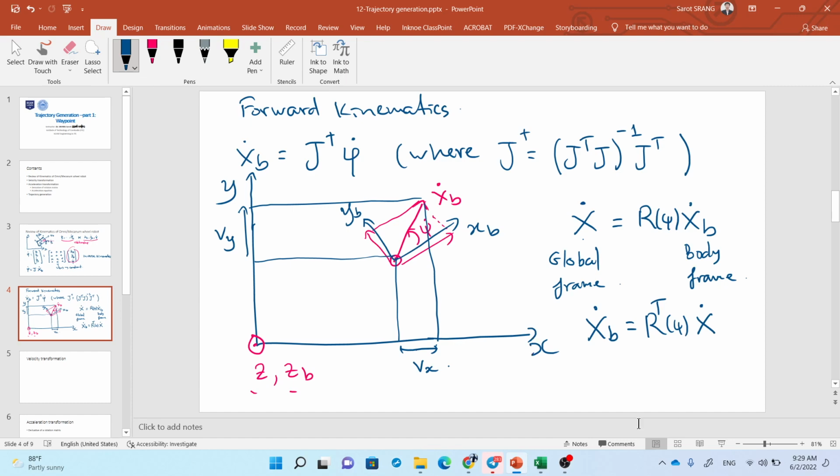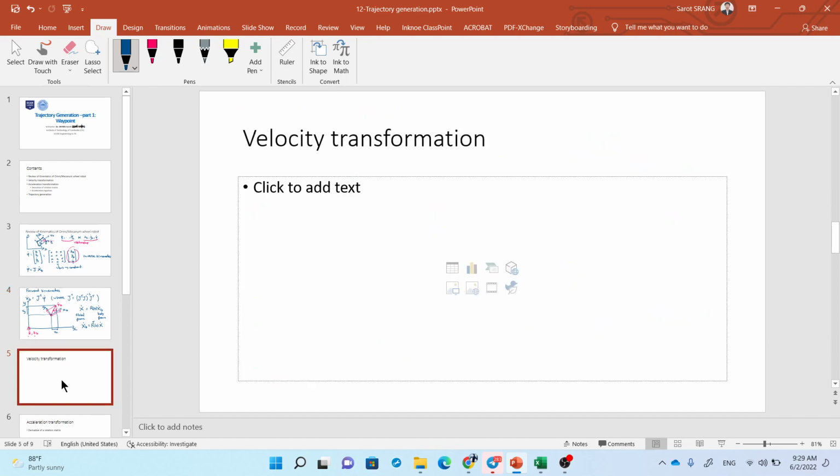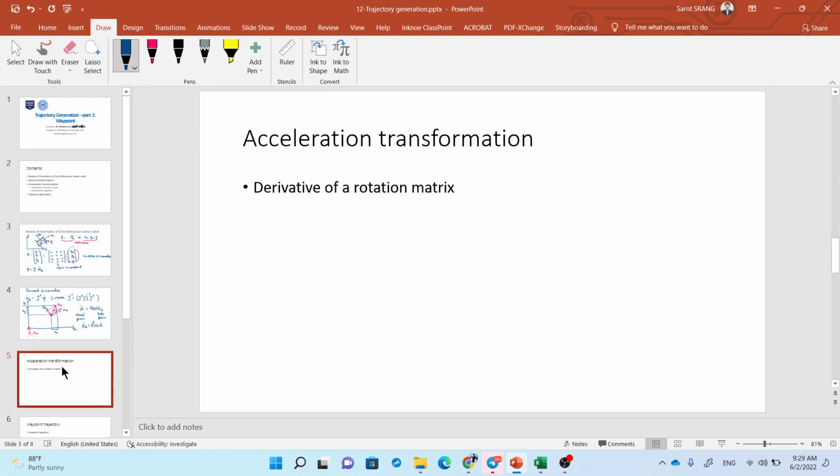Yeah, actually, this point already covers this part. I delete this one, and then acceleration transformation. Why do I need to?